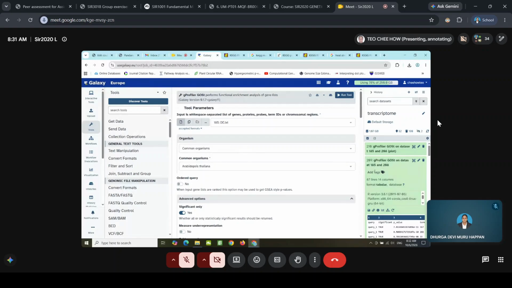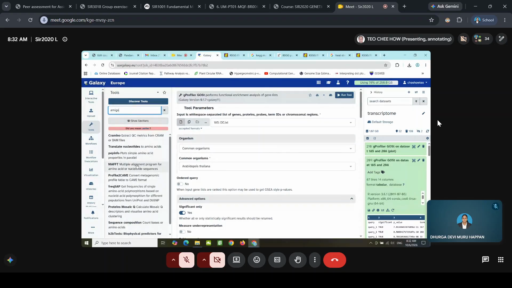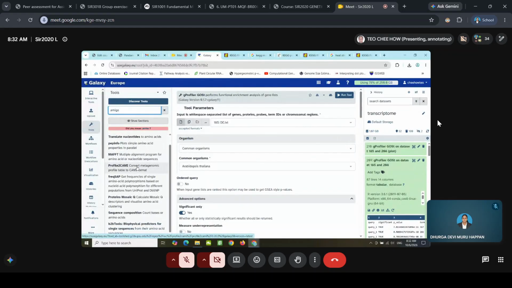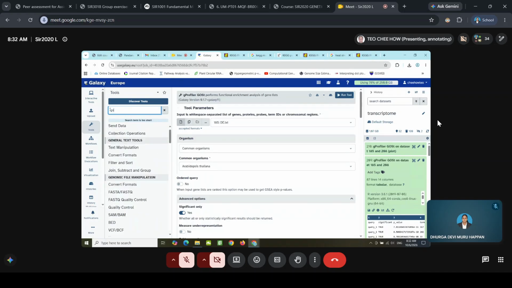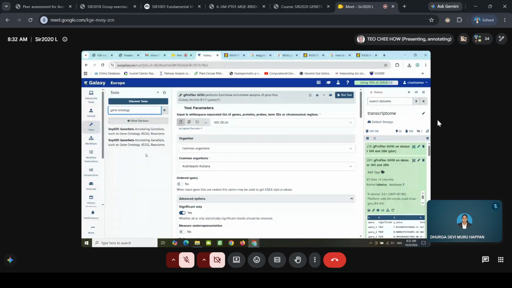So I can't know. Let's see whether there are any other tools that I can use. No, to show which one is actually KEGG. Oh, this one, no.